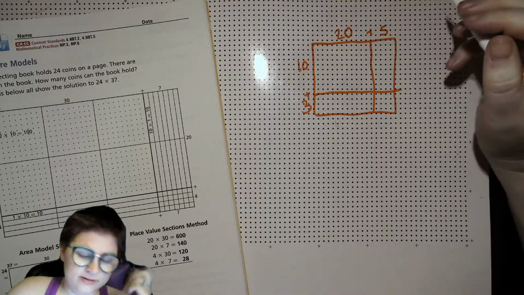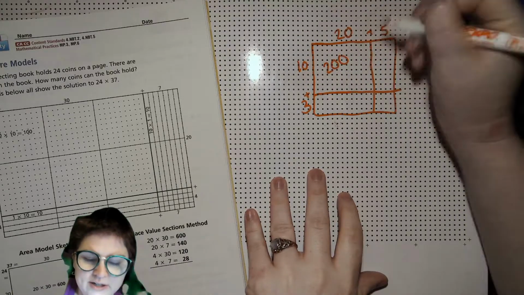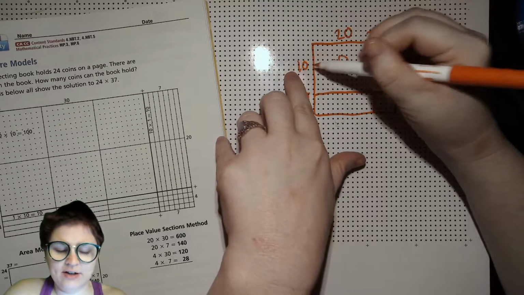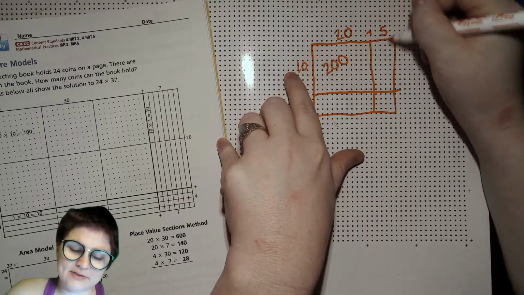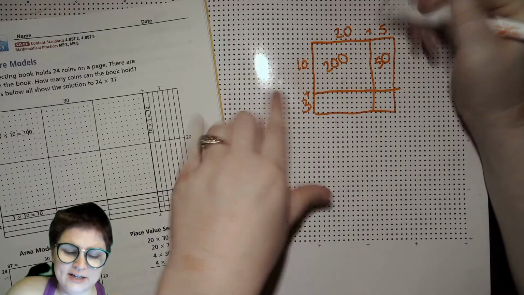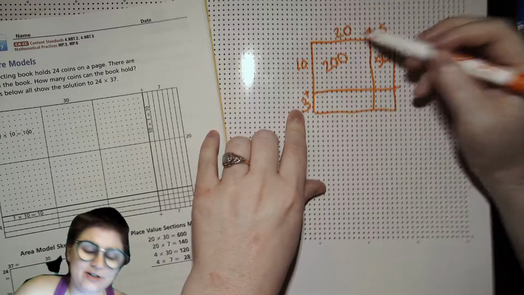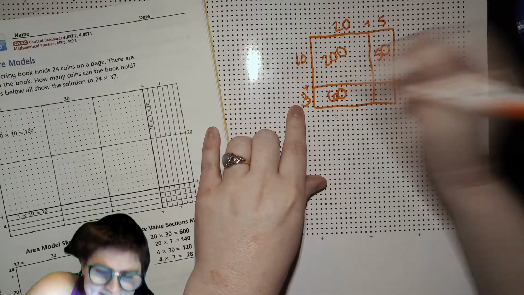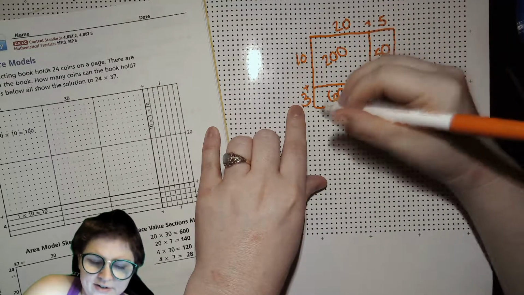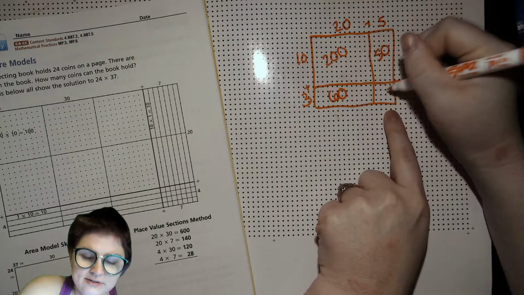So 20 times 10 is 200. Then we would have our 10 go to this ones over here. So 10 times 5 is 50. Then we would go from our ones up to our tens over here. So 3 times 20 is 60, and then we would have our ones against our ones in the smallest box, 15.